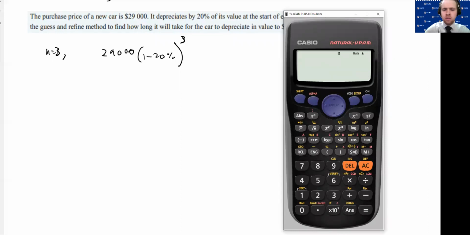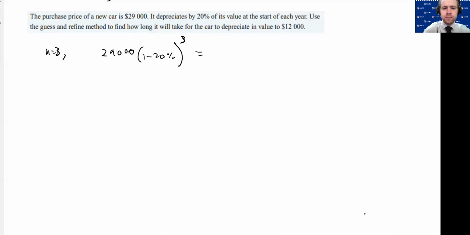So I go 29000 and then 1 minus 20%, and then to the power of 3, and I get my value of 14,848. Okay, and we realize, okay, it still hasn't depreciated enough. I'll then try the next year.